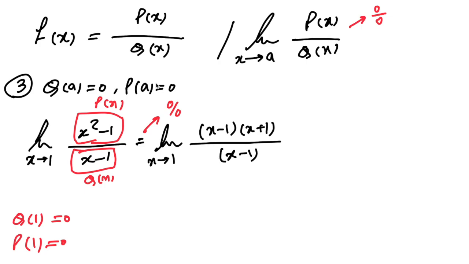So now we can see there's a common factor between the numerator and denominator, x minus 1. So we cancel x minus 1 by x minus 1, and this limit is going to be the limit of x plus 1 when x approaches 1, and the limit is going to be 2.